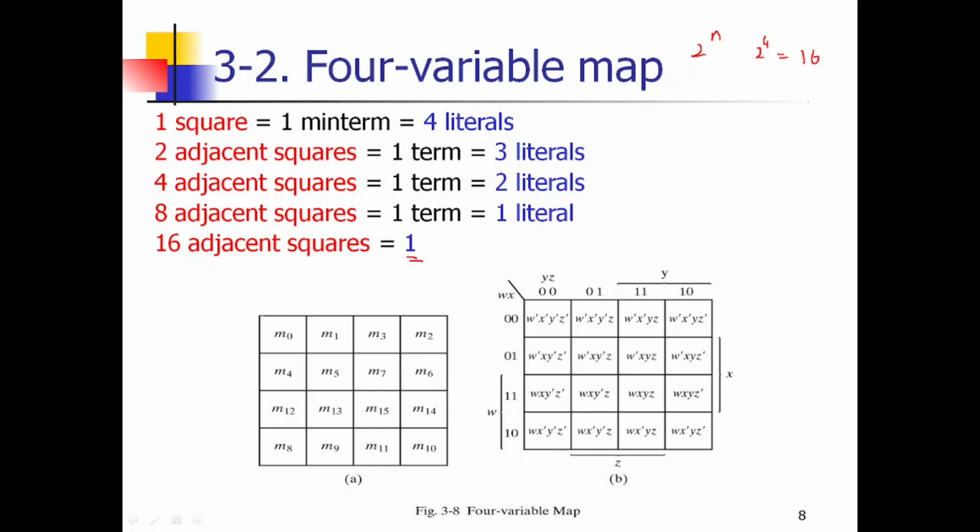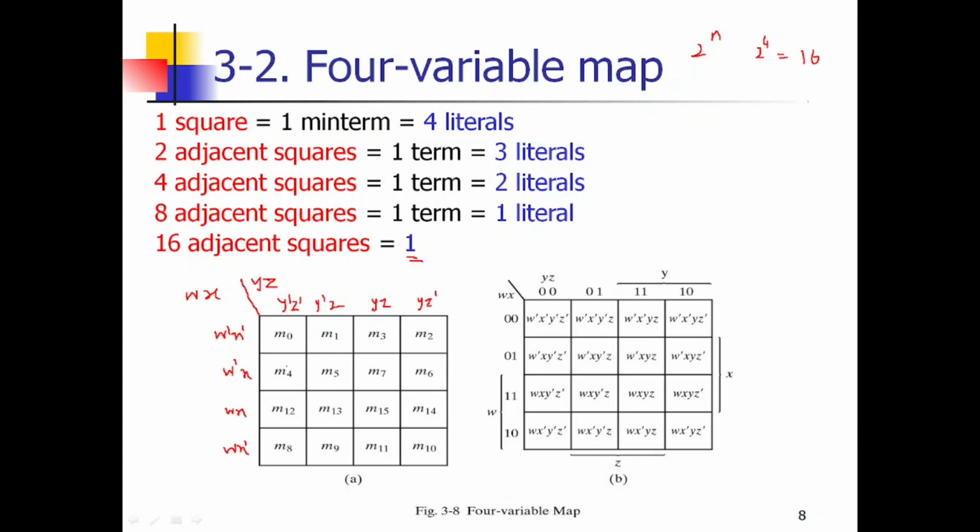Before that, we will discuss the variables here. So here we can say the variables as wx and yz, right? So the row variables are w dash x dash, w dash x, wx and wx dash. And what about the column variables? They are y dash z dash, y dash z, yz and yz dash.